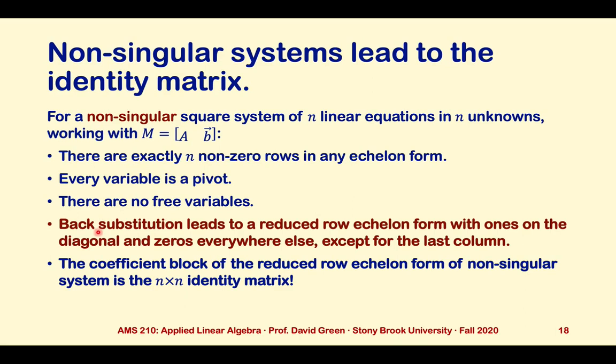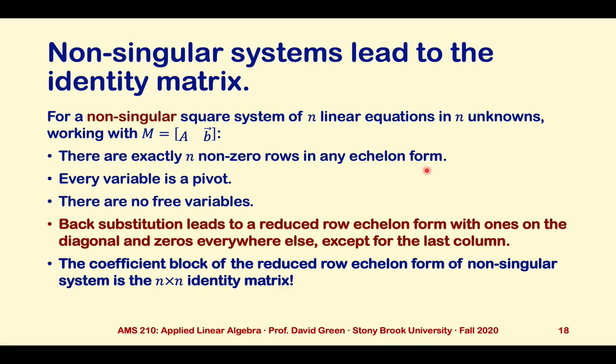We also know that in this case, back substitution leads to a reduced row echelon form that has a very special form. Every variable is a pivot. In the reduced row echelon form, those all have to be 1s. So we have 1s along the diagonal. There are no free variables. And so, given that in a reduced row echelon form the pivot is the only non-zero entry in its column, and there are no columns that aren't pivots, everything else will be 0.